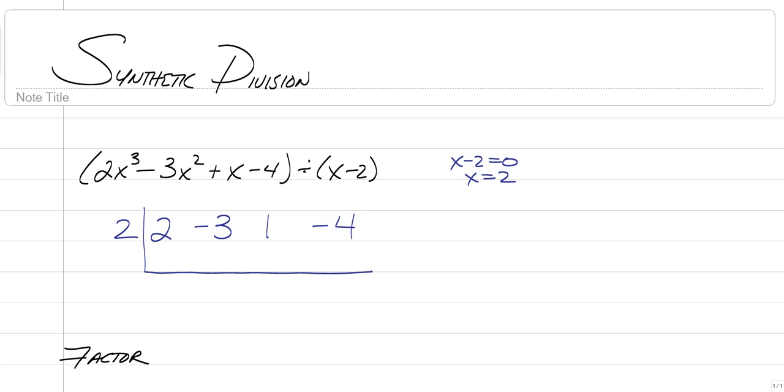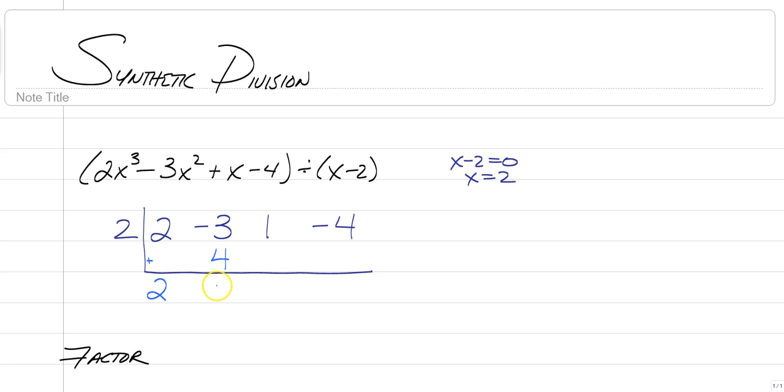Okay? And now the magic is about to happen. The first thing you have to do is bring down the 2. And then you multiply. So you do 2 times 2, and you put it over here. And it's 4. And then you add those together. So when you're doing synthetic division, it's adding.